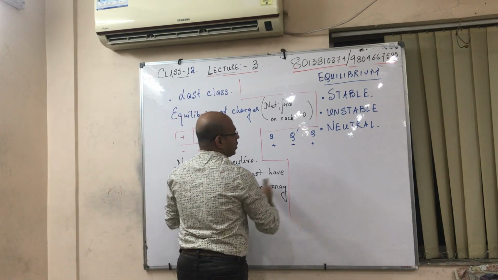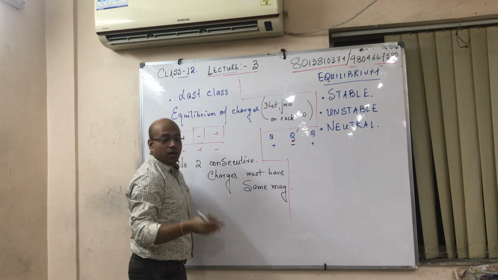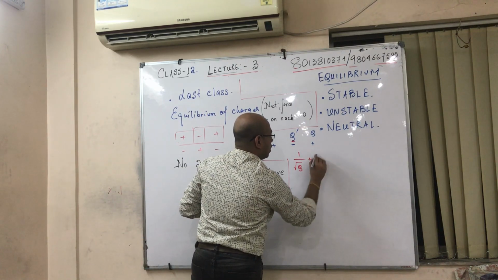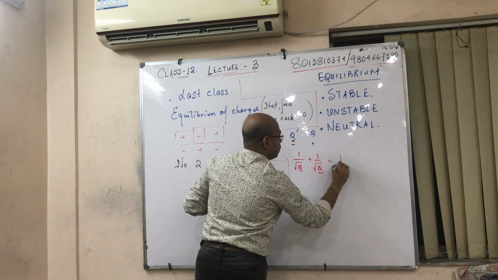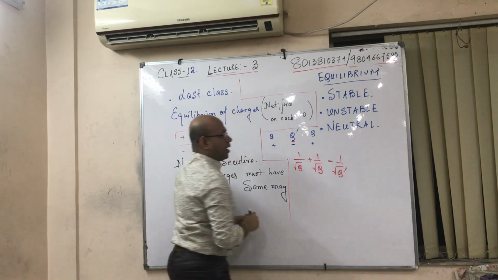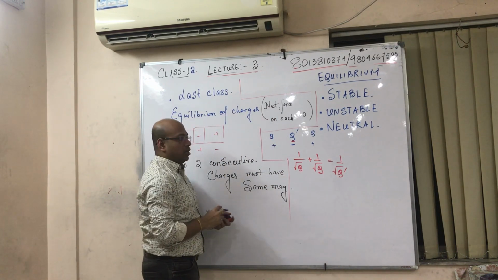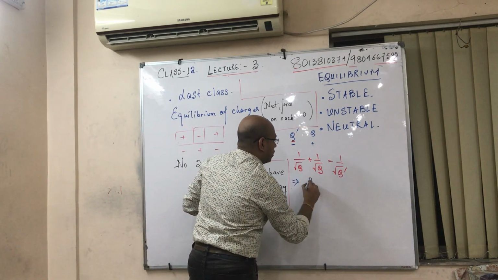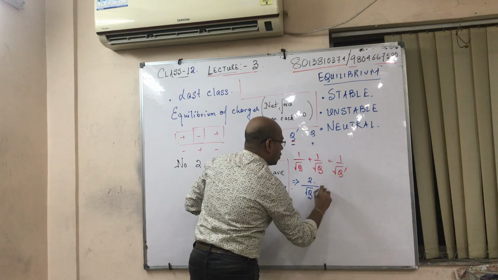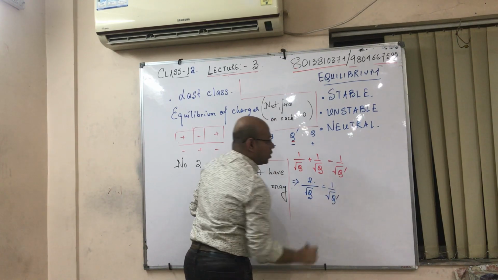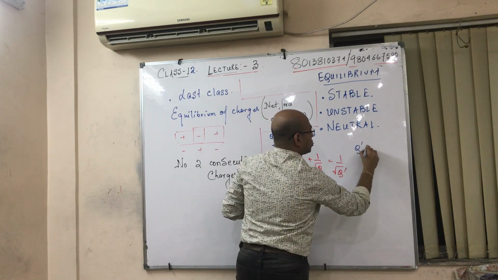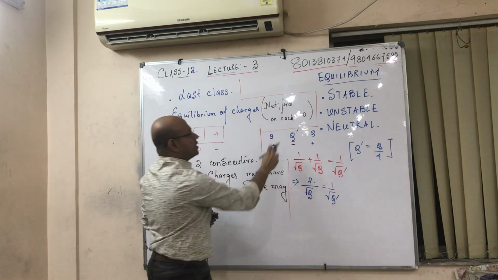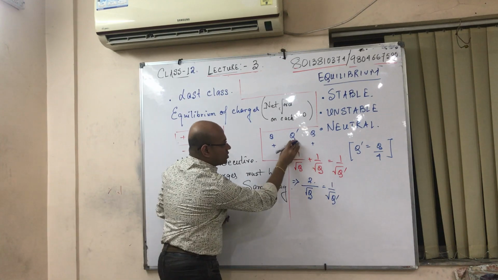We have seen this already: 1 by 2 extremes, 1 by plus q has to be equal to 1 by q dash. So q dash comes out to be q by 4 in magnitude, and it is a negative charge.